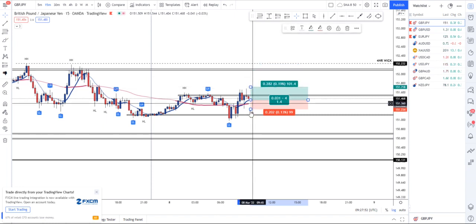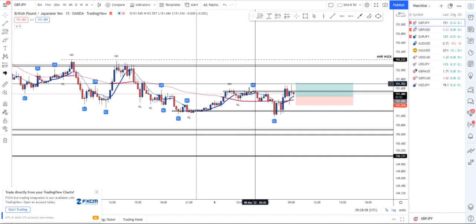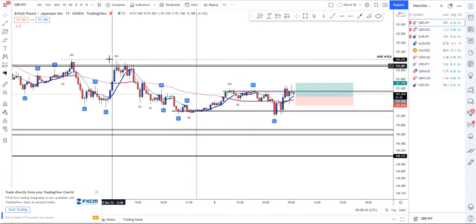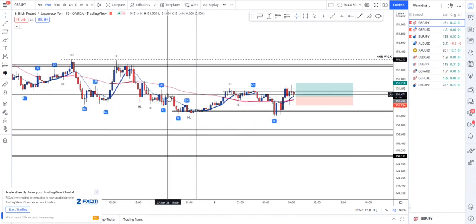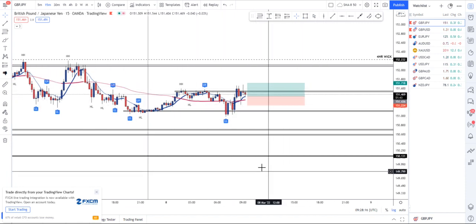As soon as my first position hits 1-to-1, I'll bring my stop to break even and let the second position run. I'll explain more about this high, low indicator I've got here in a later video.